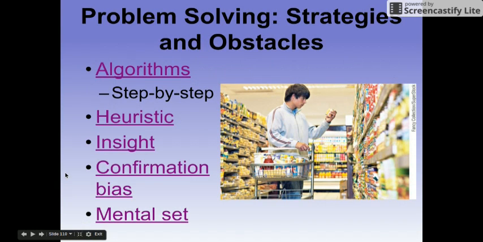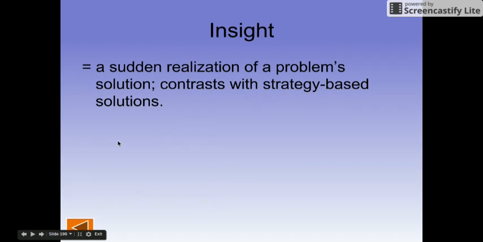Another way to solve problems is through insight. Insight is the sudden realization of a problem solution. It is not strategy based. So, for example, let's talk about my cheese problem. I go up and down looking in the aisles. I look at the signs. I say to myself, I can't find it.